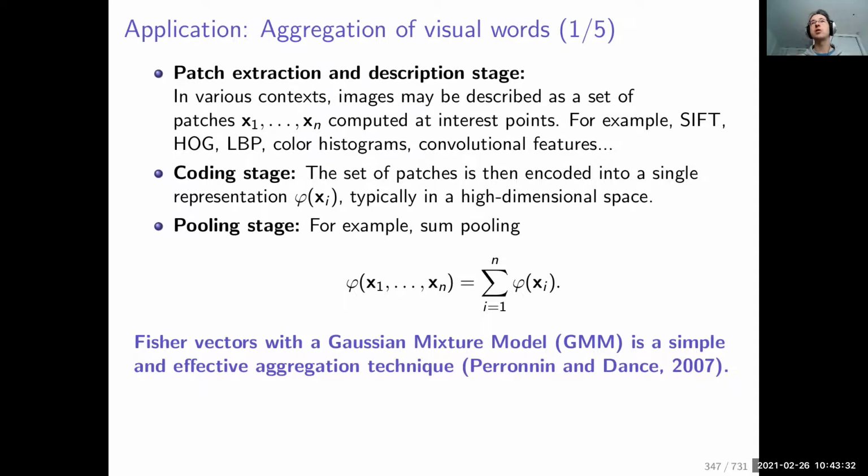Typically, we had representations called SIFT that were then encoded using a Gaussian mixture model, something that would simply be a generative model of the data.